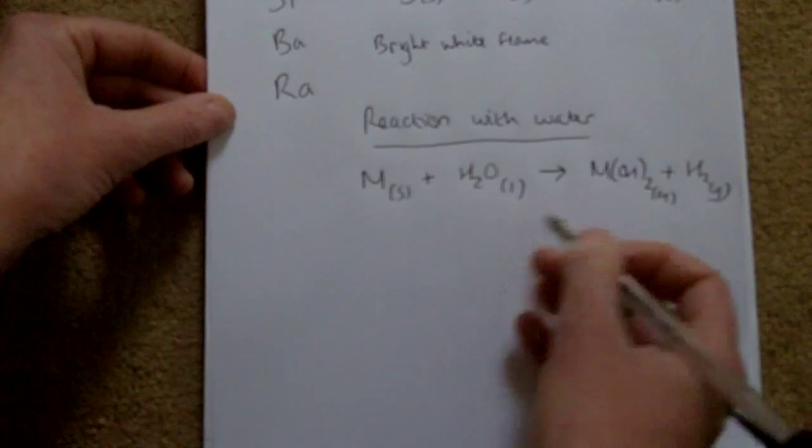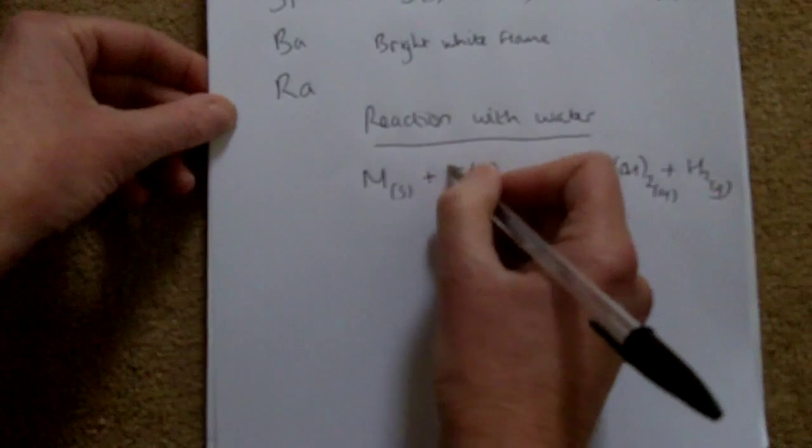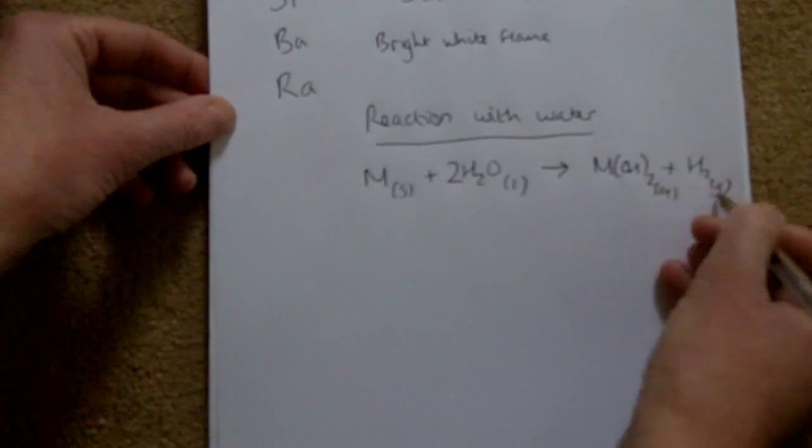And then we need to balance it. There are 2 hydrogens, there's 2 oxygens, we need to put a 2 there, 4 hydrogens, 4 hydrogens.